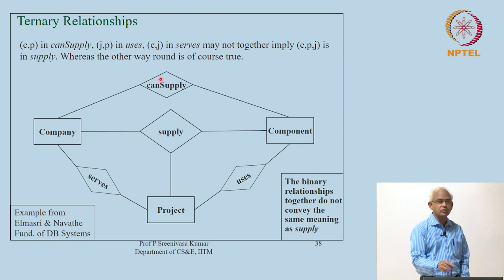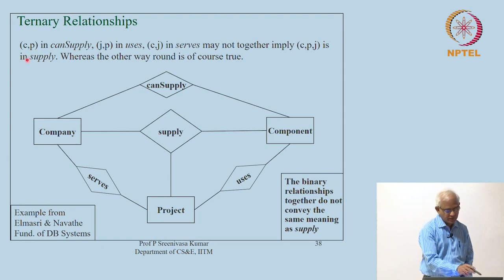You sometimes need the ternary relationship, because the moment you just say CP, JP and CJ exist, that does not really imply that the company C supplies component P and J uses that particular component. Think about it.